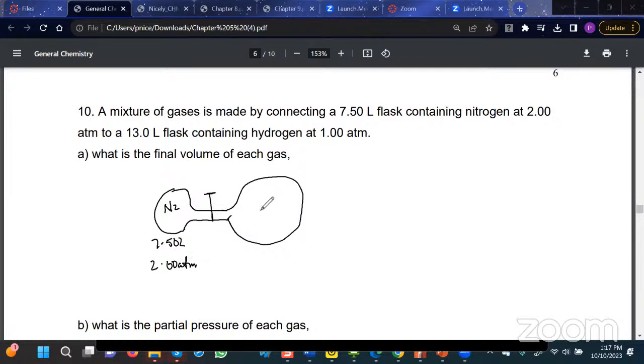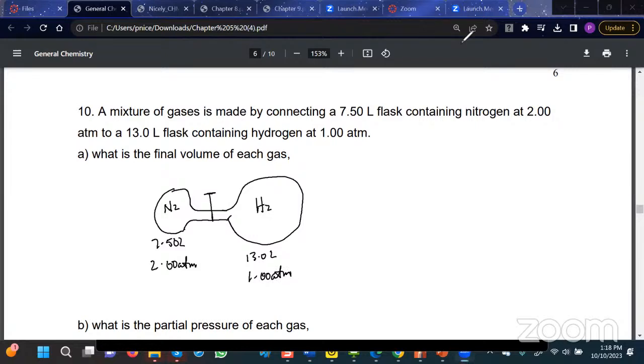And then this flask contains hydrogen. And the volume here is 13.0 liters. And the pressure is 1.00 atmospheres, all right? So that's basically the setup, okay?